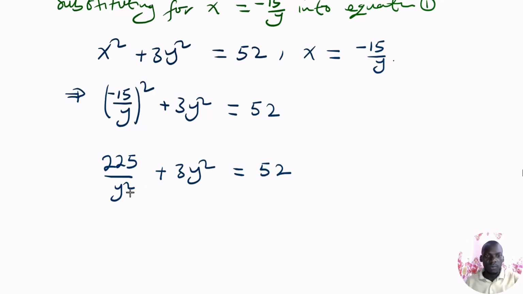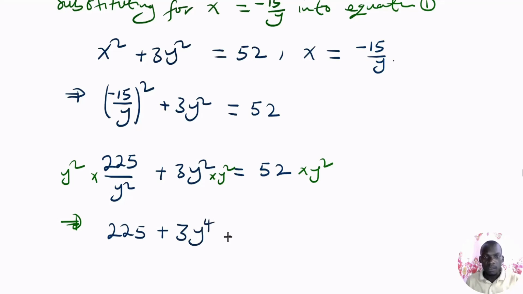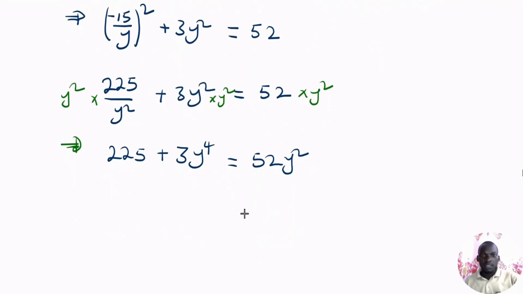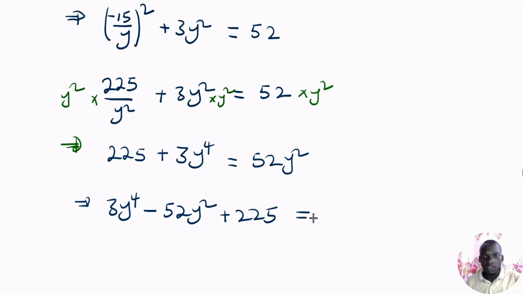Let's multiply through by y squared so that we can eliminate the denominator. We multiply each term by y squared, such that we have 225 plus 3y power 4 equals 52y squared. By rearranging this equation, we have 3y power 4 minus 52y squared plus 225 equals 0.